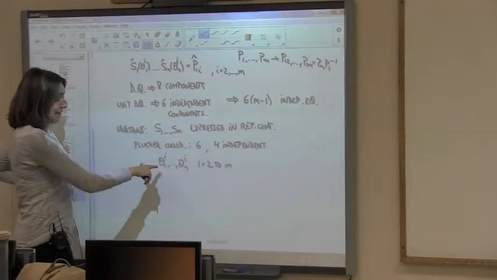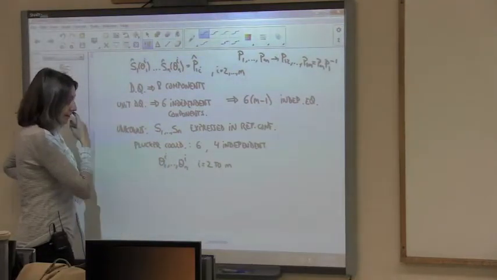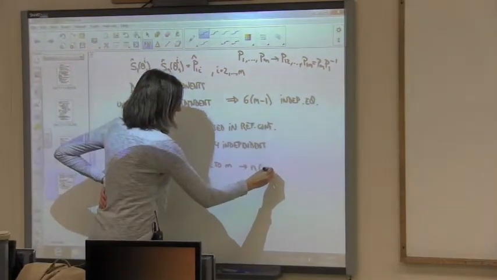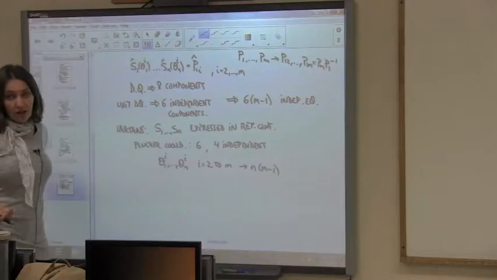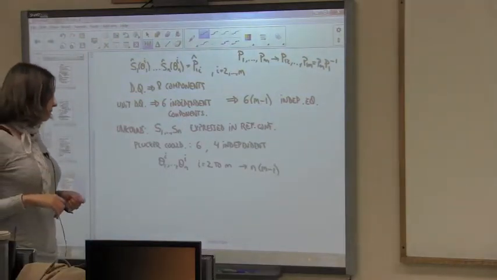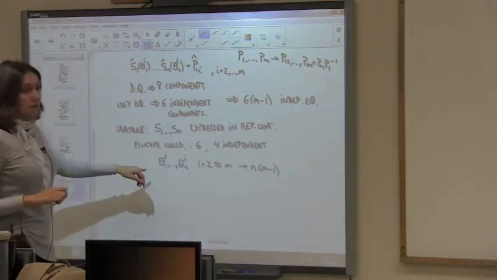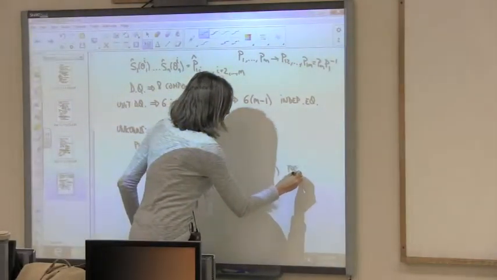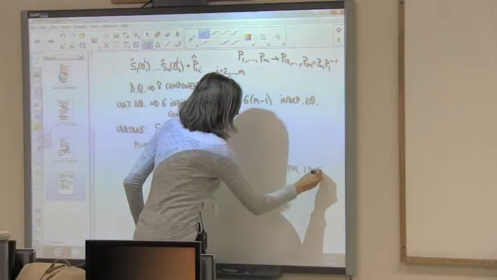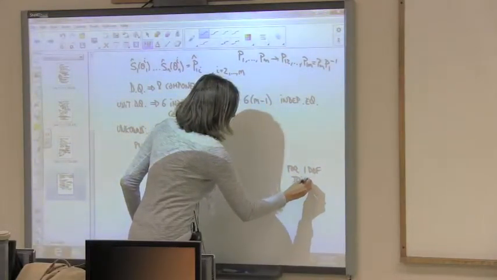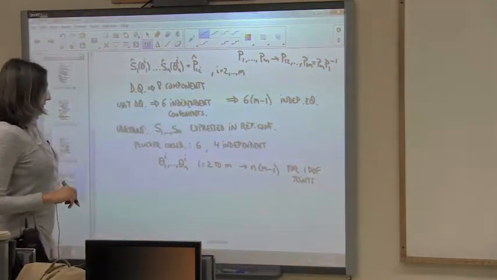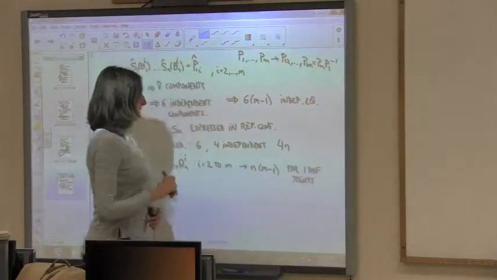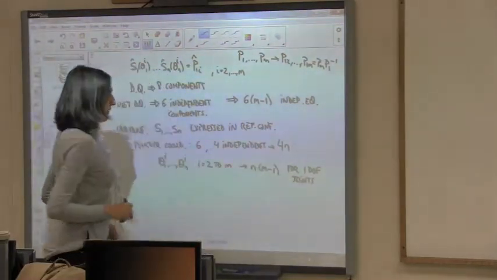So it's a total of n times m minus 1, if we are talking about a serial chain in which each joint is independent, and we are talking about 1 degree of freedom joints. And for the axes we have 4 times the number of joints, 4n.